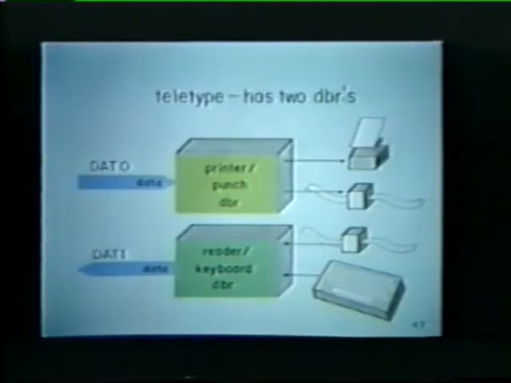In performing a data O or data OB, the printer punch DBR temporarily stores data from the CPU before it is output to the printer and punch mechanisms. On the other hand, when performing a data I, the data originates at the paper tape reader or the keyboard and is temporarily stored in the reader keyboard DBR before it is transmitted to the CPU.